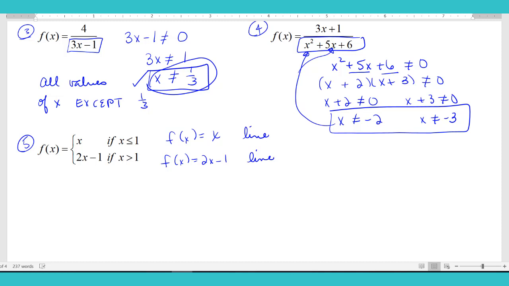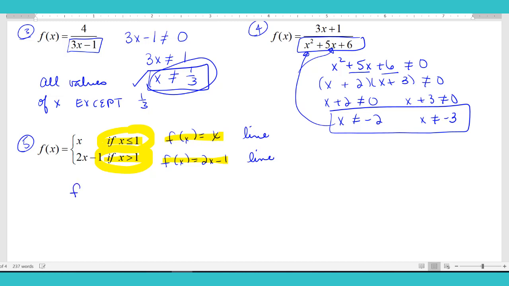But when you're looking at piecewise functions, you've got to look at the conditions. It means it only equals this when x is less than or equal to 1. It only equals this if x is greater than 1. So the only potential part where this might be discontinuous is when x is equal to 1.